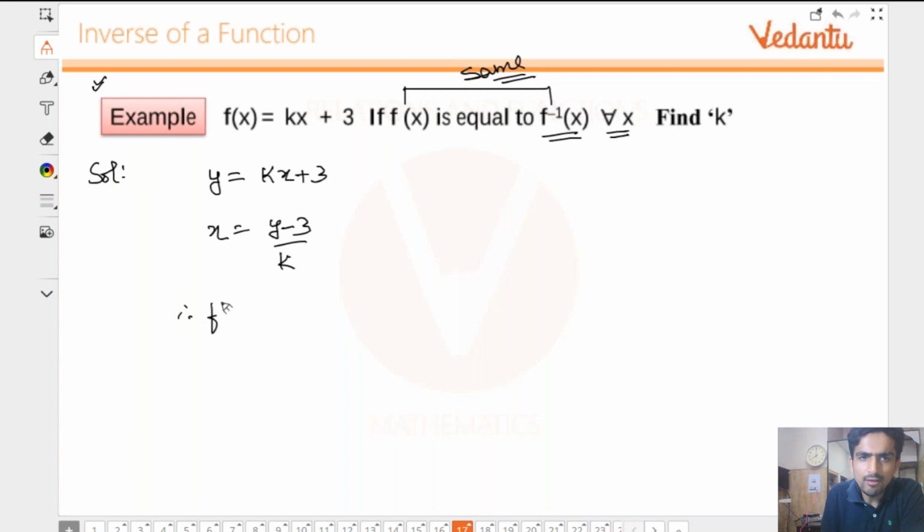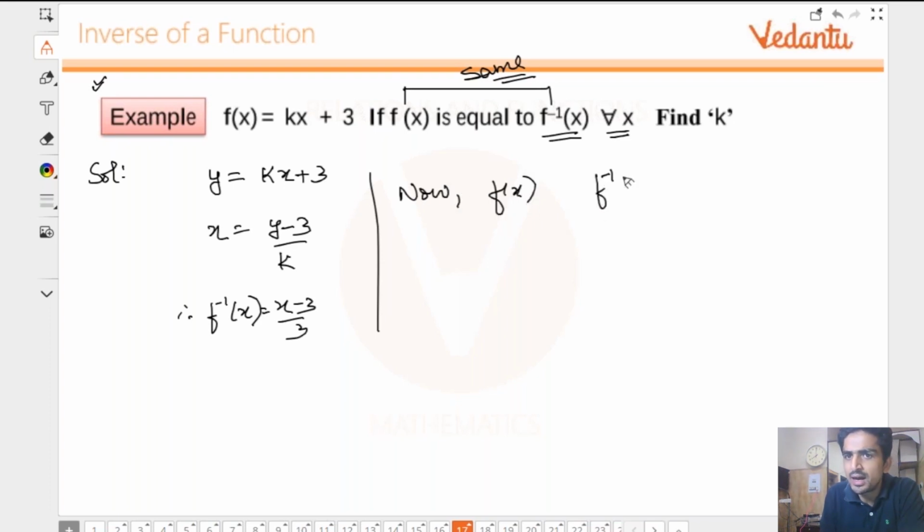So therefore f inverse x is nothing but x minus 3 by k. Now, as given, fx and f inverse x are same. That is, they look exactly the same.